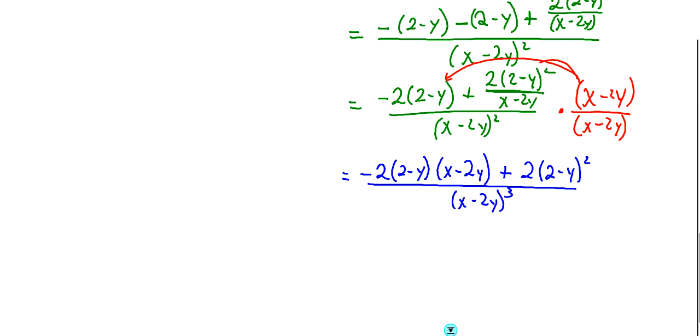Okay? So when I did this, it got rid of this denominator, and then because they're the same, it added it to this one. And then we're going to FOIL everything out.